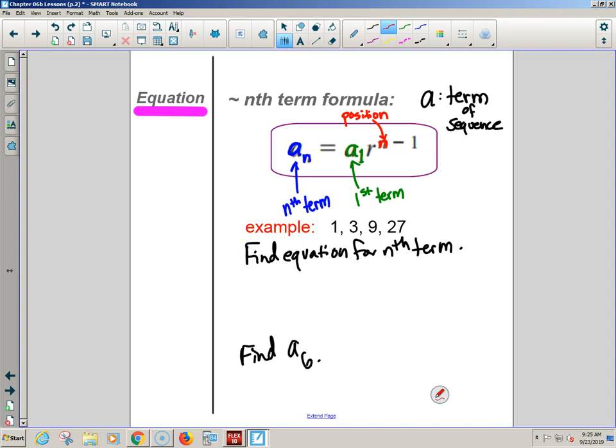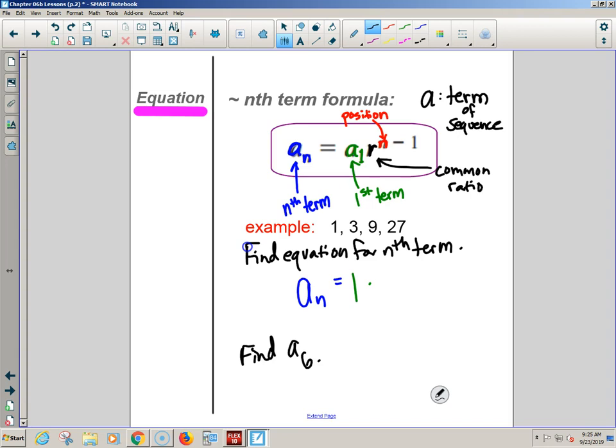It's as easy as setting up the formula and saying, okay, I have A sub n is equal to, my first term you guys already told me is 1, right? Times, do I just write R? This is the one guy we didn't talk about, but we already knew. Who's R? 3. Good, the common ratio.